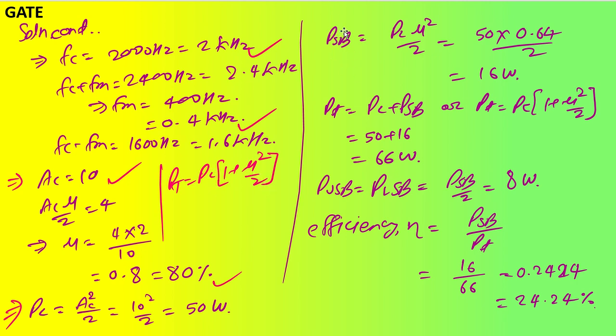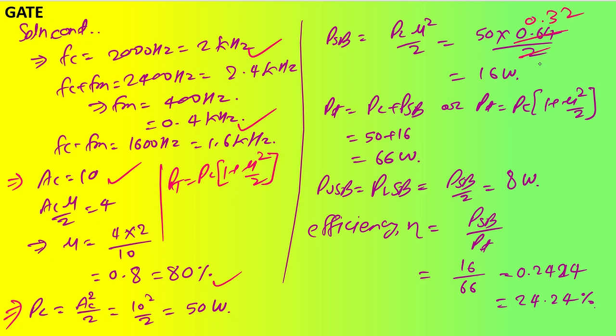So the sideband power can be PC into mu square by 2. That is going to be PC, PC is carrier power, that is 50, into mu is 0.8, that is 0.8 square, that is 0.64 divided by 2. So this is going to be how much? 0.32.